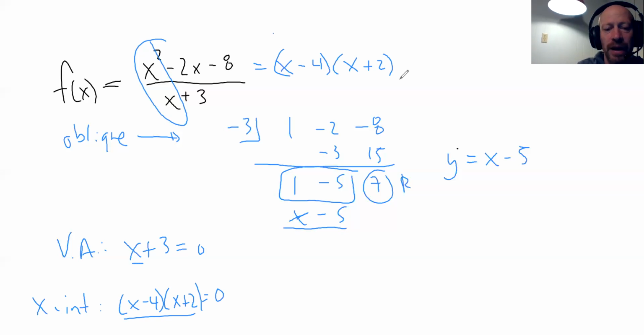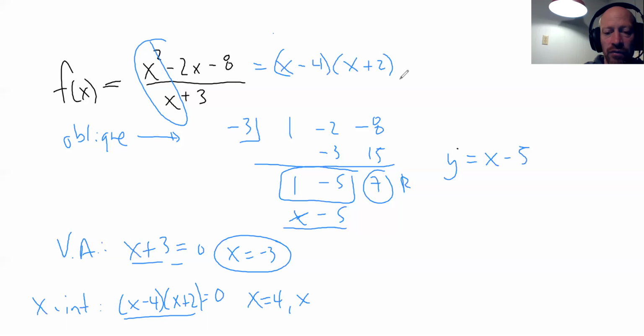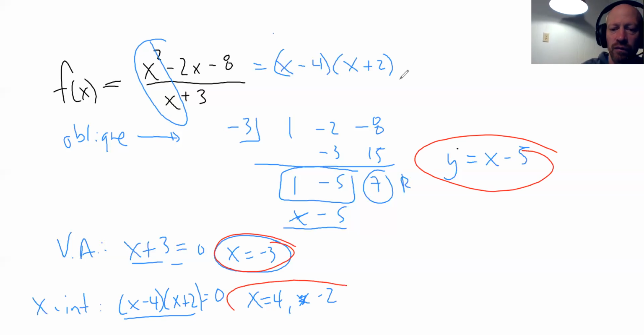These values don't match up with that value. So I can be sure that this is going to give me a vertical asymptote at x equals minus 3. So that's my vertical asymptote. These values are my x-intercepts. Those are at x equals 4 and x equals negative 2. So those are my critical pieces that I want to be able to find for this function. I have my oblique asymptote, I have my vertical asymptote, and I have my x-intercepts.